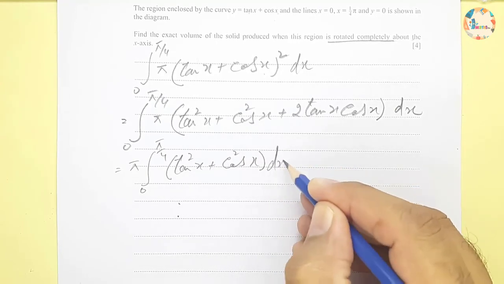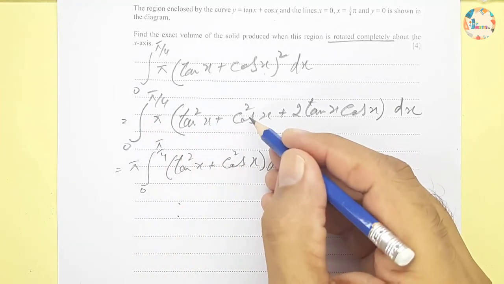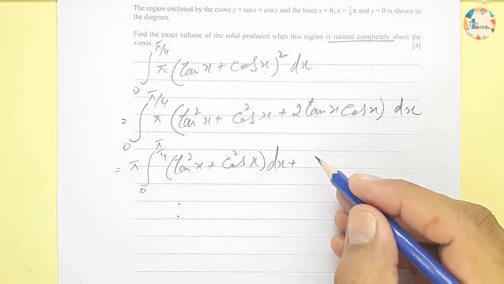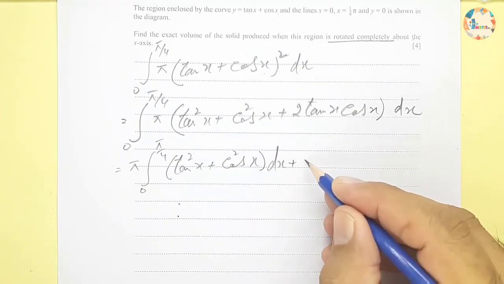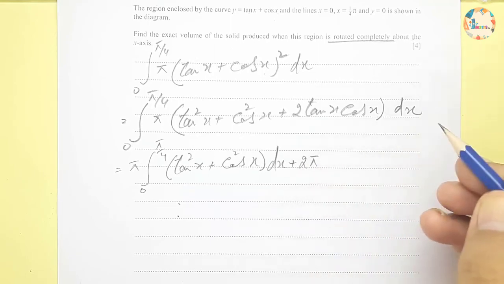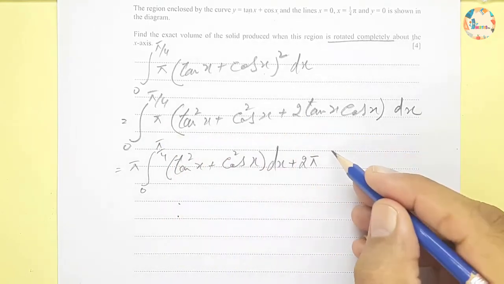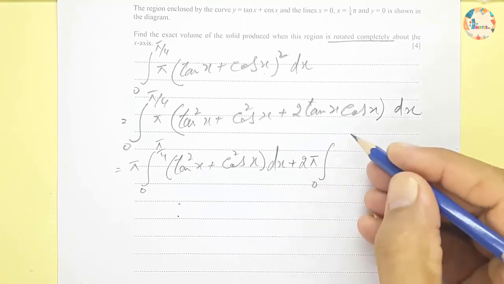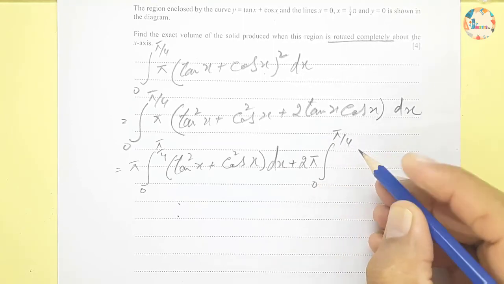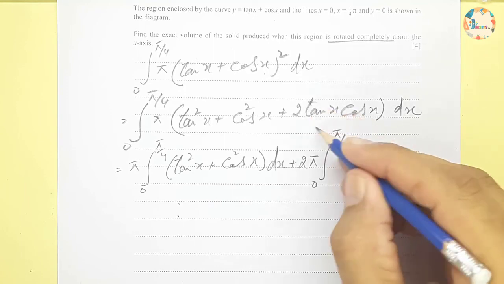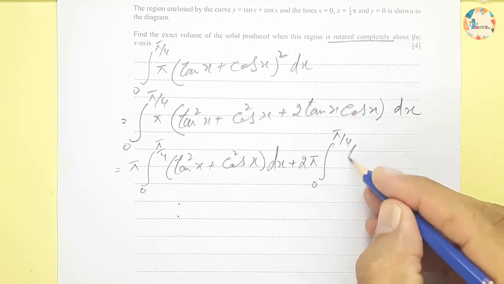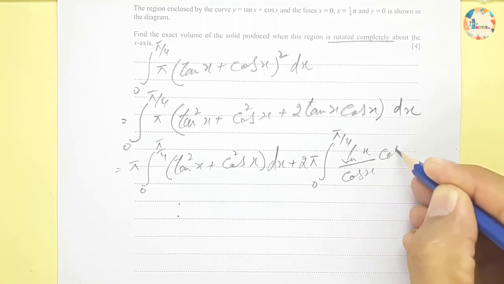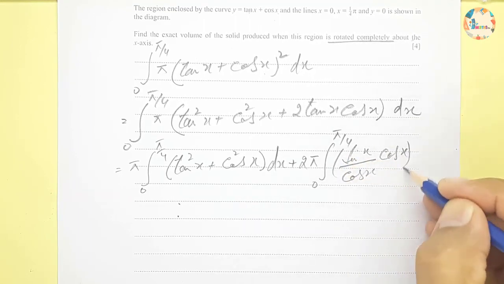I'm writing the integral of this one separately, and plus the integral of this one also separately, 2 pi. This one will be 2 into pi, and integral from 0 to pi by 4, and this will be tan x. We can write sin x over cos x, sin x over cos x into cos x and dx.